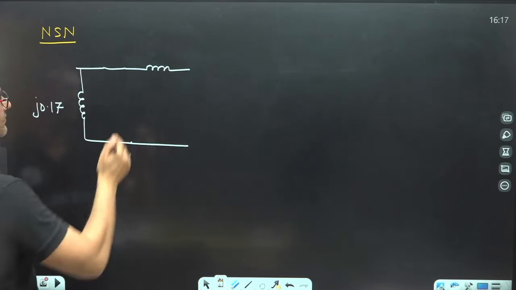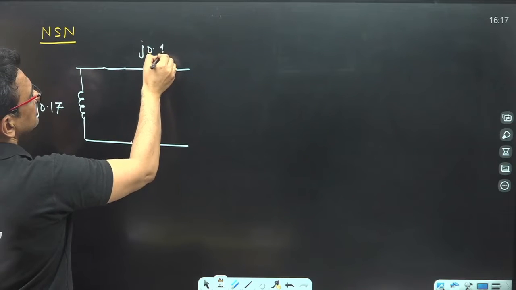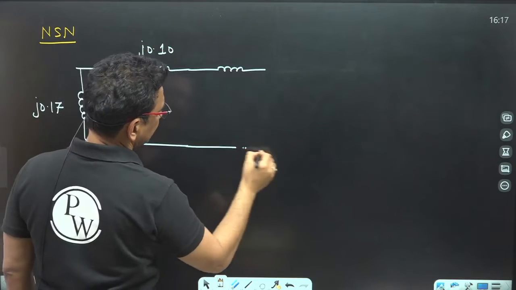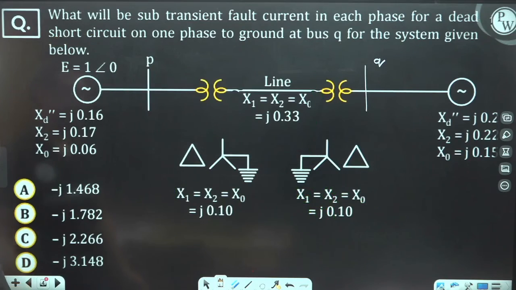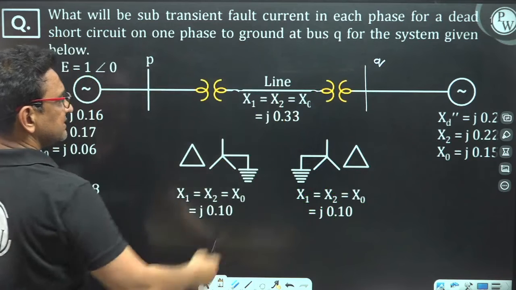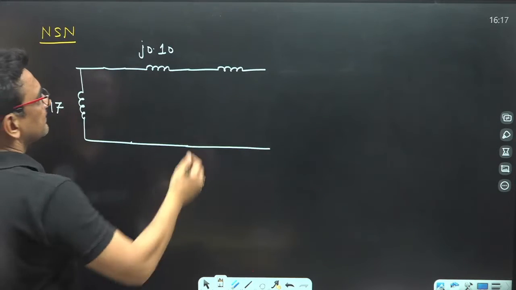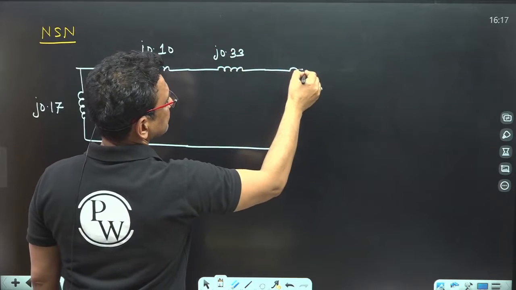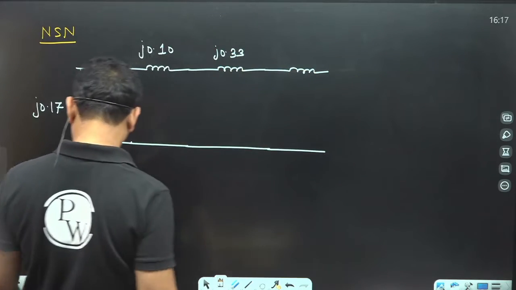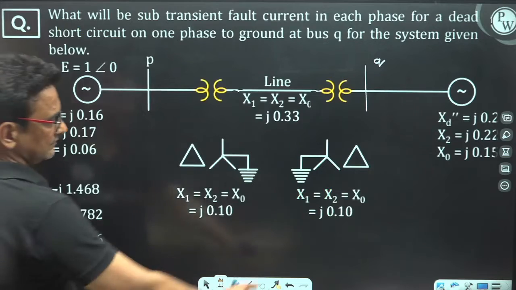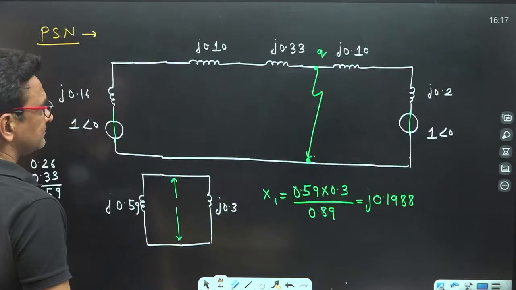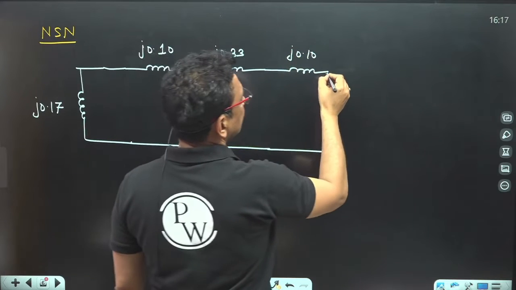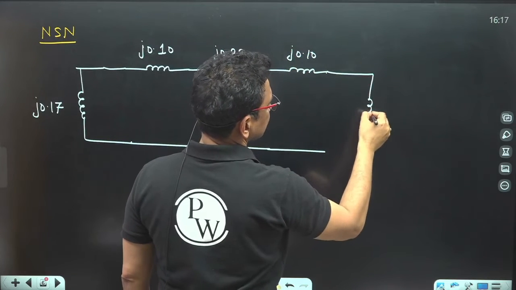j 0.10. Then for the transmission line, again it is a reactance, and the negative sequence reactance of the transmission line is j 0.33. The second transformer is j 0.10. Then the synchronous machine.